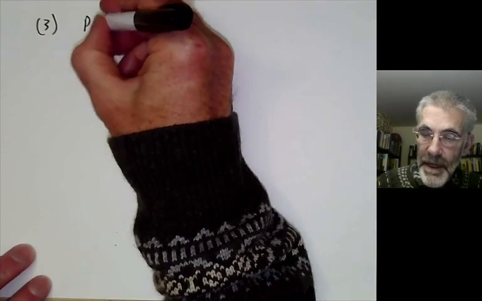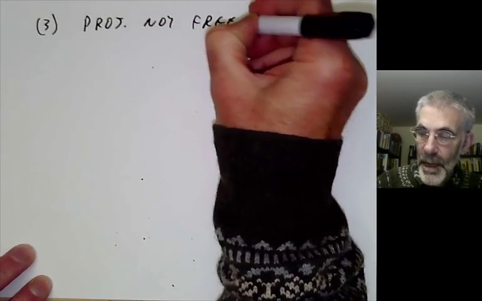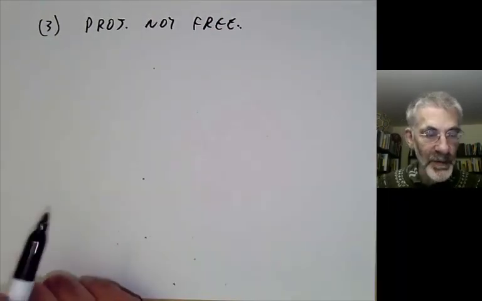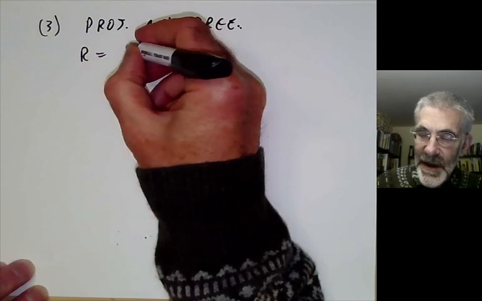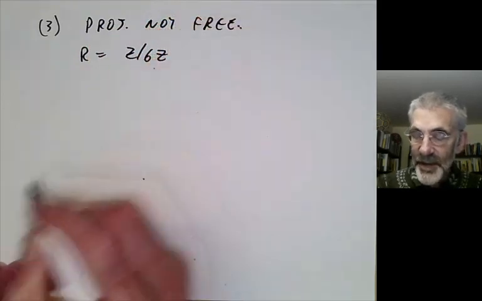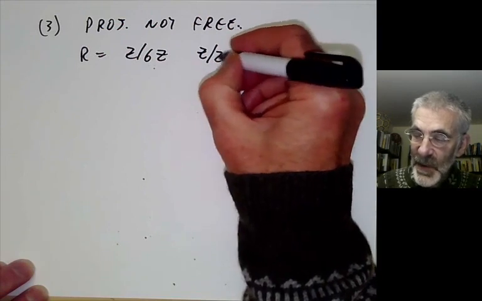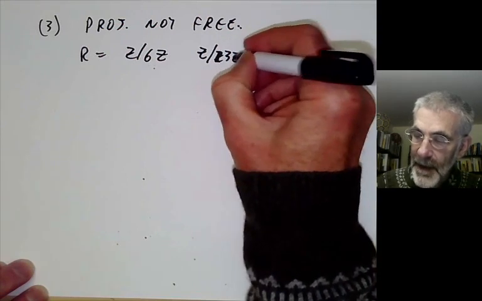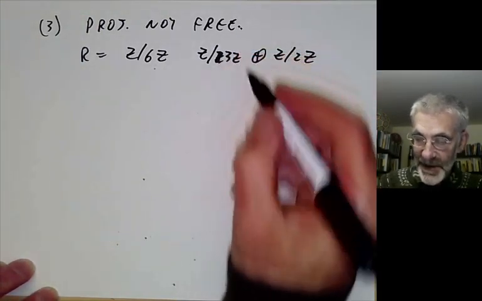So now we should find an example of a projective module that's not free, just to show we really have got something more general. Well, there's one really simple example. Let's just take the ring to be Z modulo 6Z. Now we know Z over 6Z splits as the direct sum of Z modulo 3Z plus Z modulo 2Z by the Chinese remainder theorem.